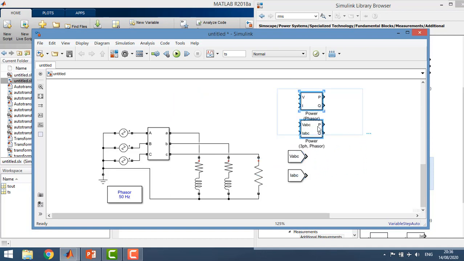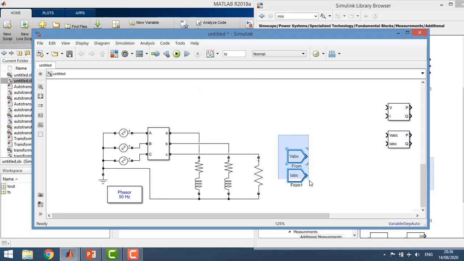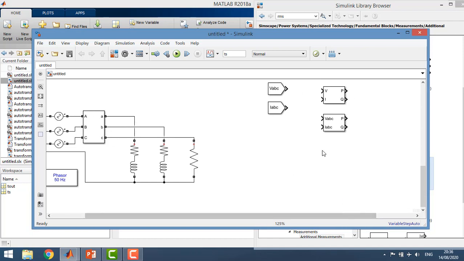So one of the advantages of not having the wires directly from the measurement is that we can make it a little bit easier for the user to maneuver.